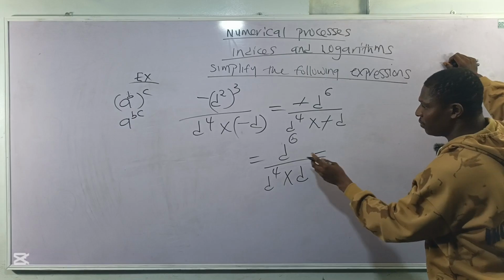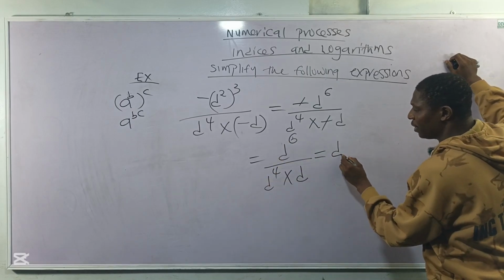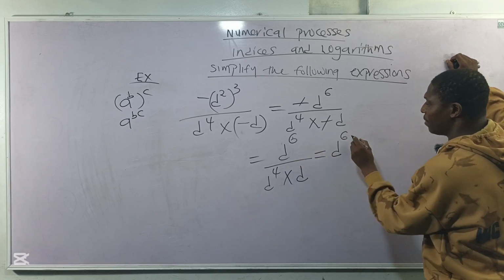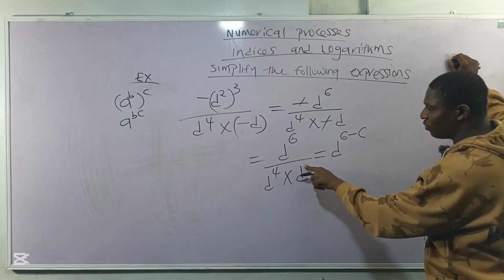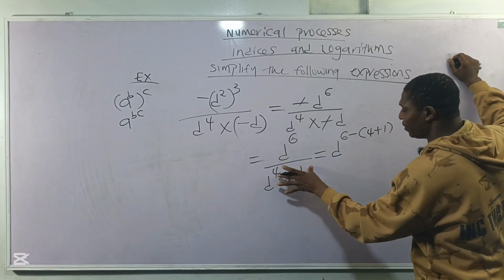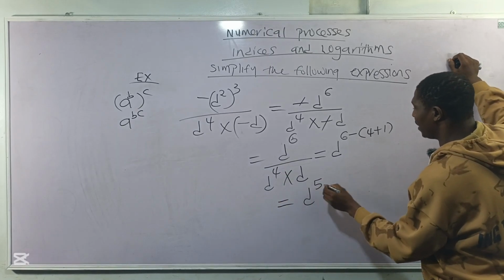And this will give me we have d, d, and d. I can pick one of the base. I'll write my 6. I have my minus in brackets 4 plus this invisible power 1. So I have 4 plus 1, because in multiplication they are to be added. Remember. So this will give me d raised to power 5.